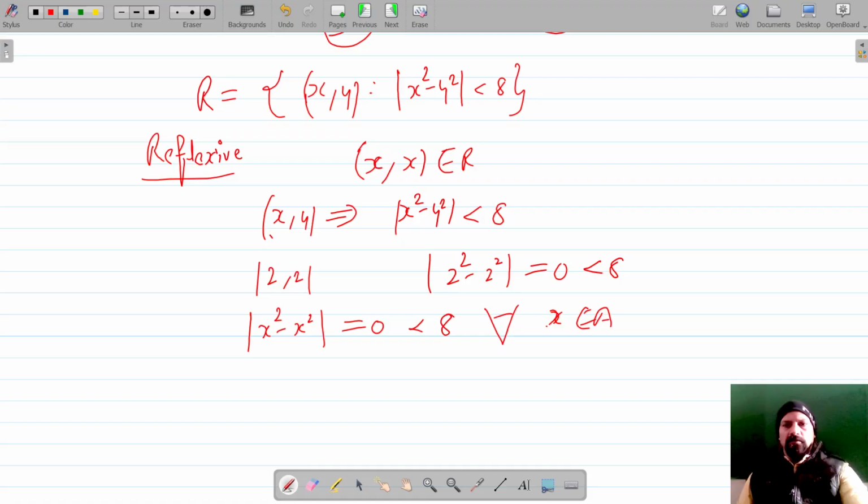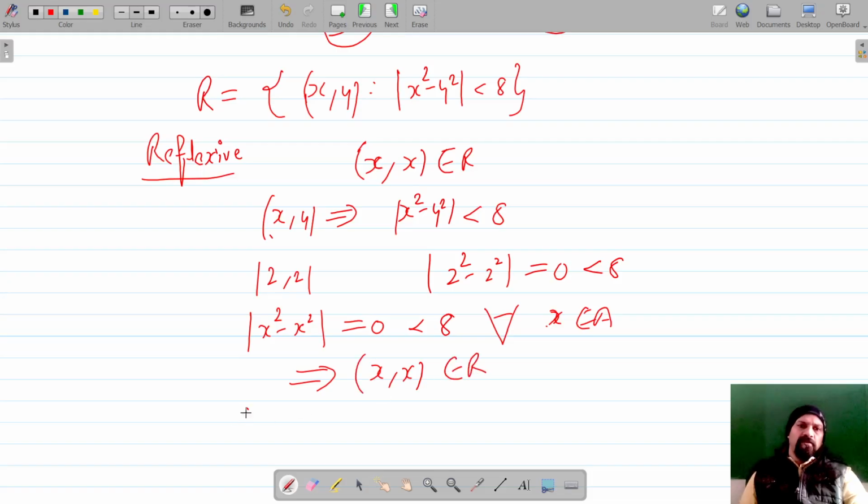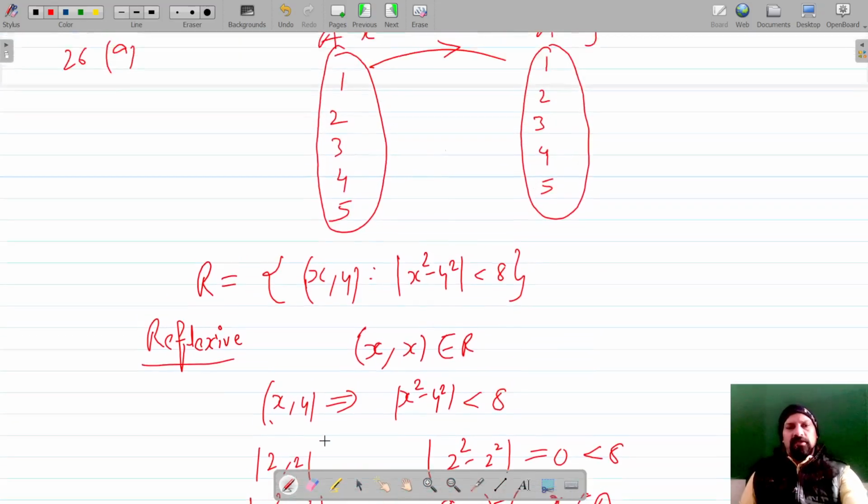This implies that x² − x² = 0 is less than 8 for all x that belongs to A, so (x, x) belongs to relation R. Therefore, R is reflexive.